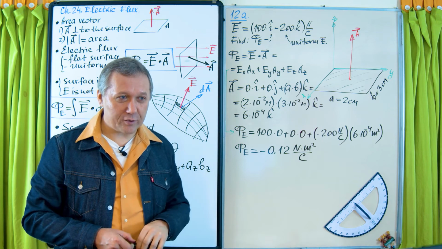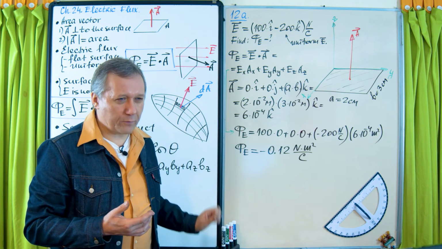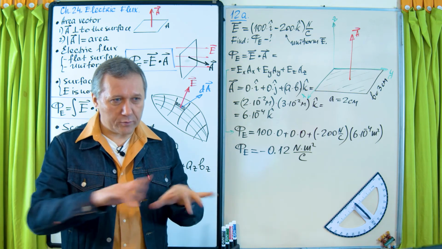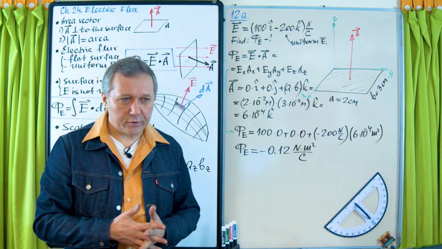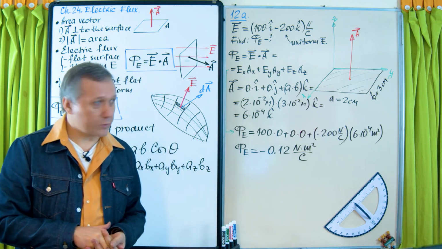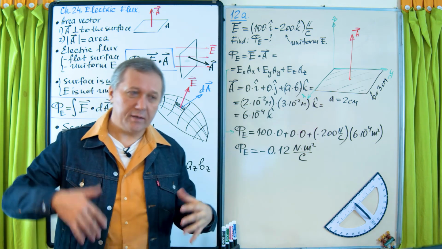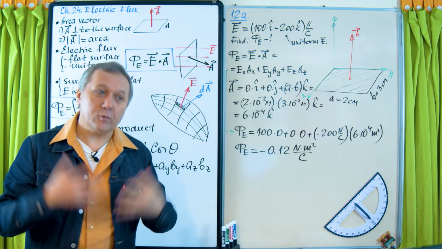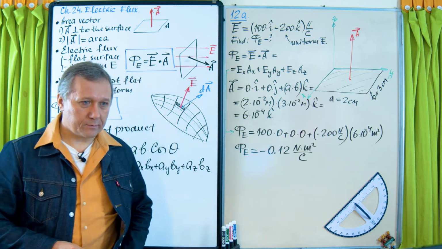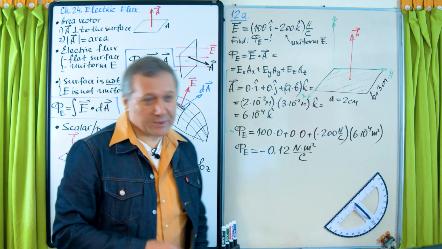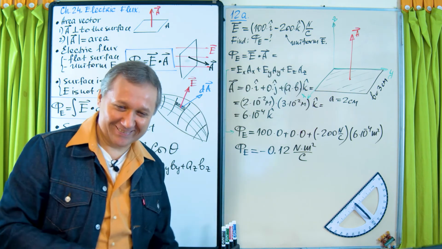Actually, the first year there was a mistake in Mastering Physics, maybe 4 or 5 years ago. I wrote them an email: guys, you have to change the wording of the problem because you confuse us, since you can pick the area vector either up or down. As a result, they rephrased the question. So they started asking for the absolute value, giving you the freedom to choose the direction of A, either up or down.